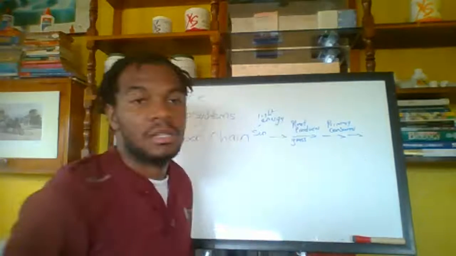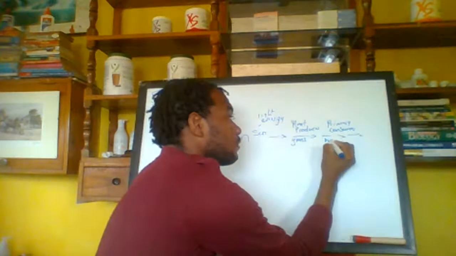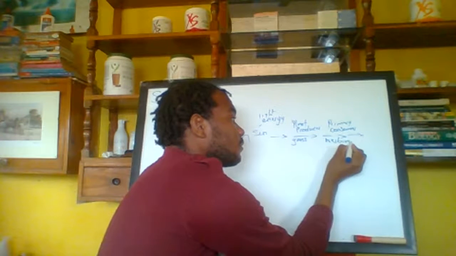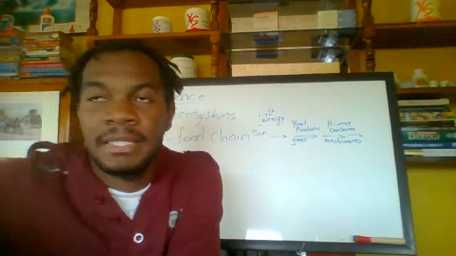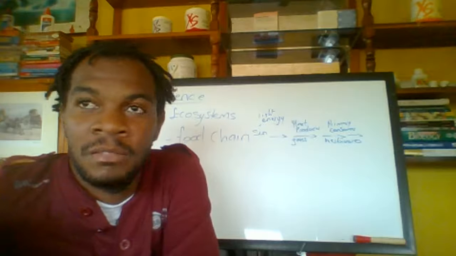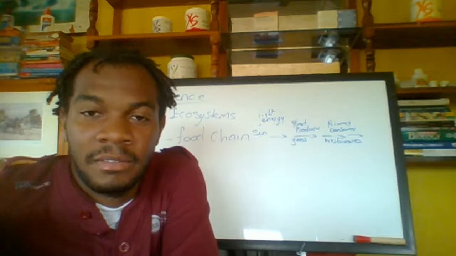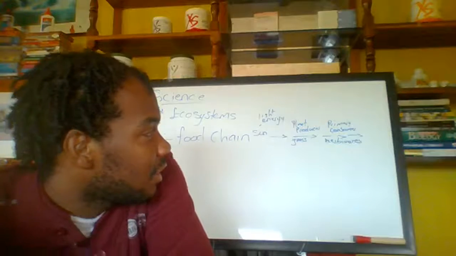And after that, there is the primary consumer, which would be like your herbivores. Herbivores are animals that eat plants only, eat vegetables. So they are like vegans or vegetarians. They don't eat meat at all.